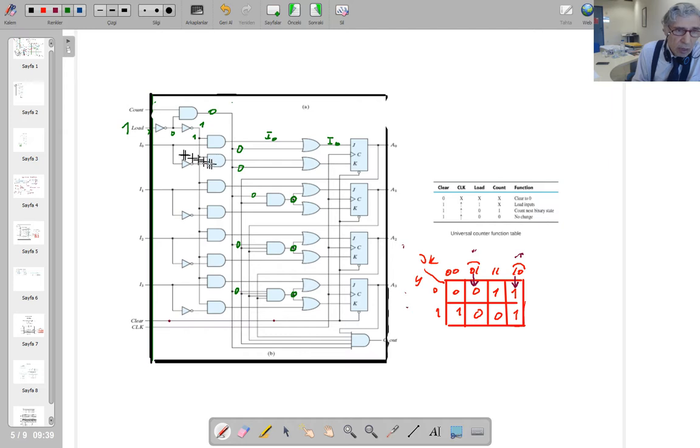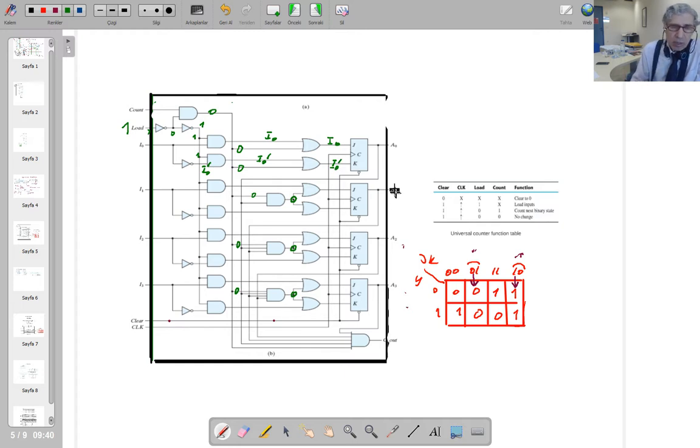If you look at the other one, this input is 1 to this AND gate, and the other input to this AND gate is going to be I0 prime. So output is going to be I0 prime. I0 prime plus 0 gives you I0 prime here. So JK inputs: J is I0, K is I0 prime.